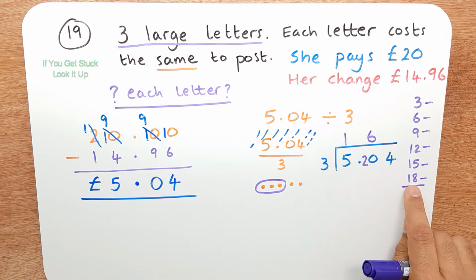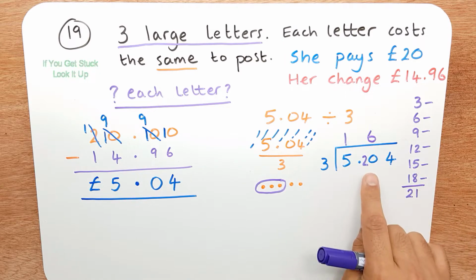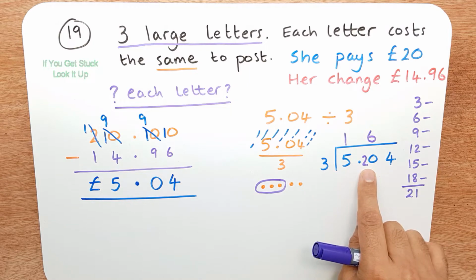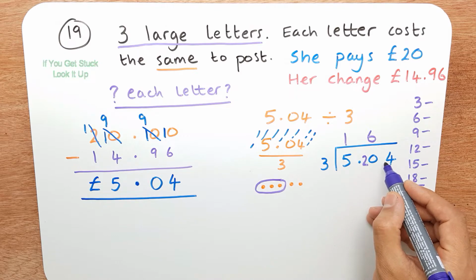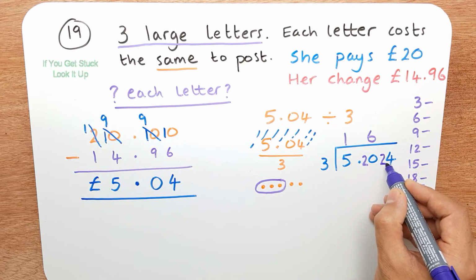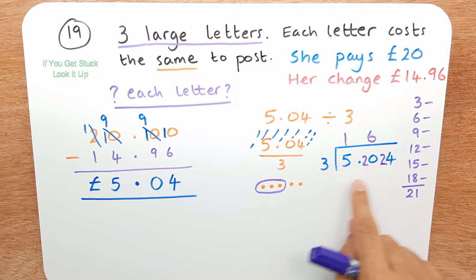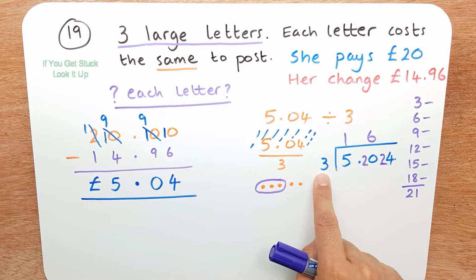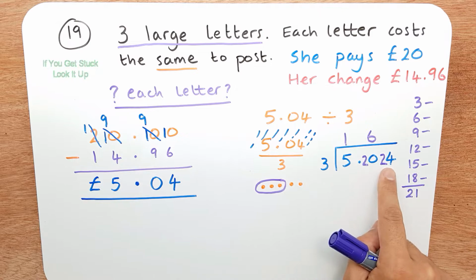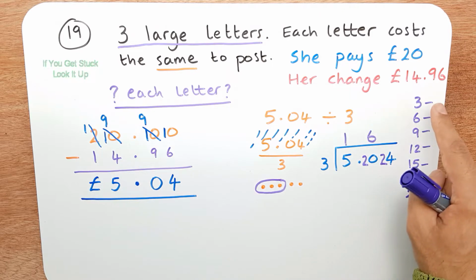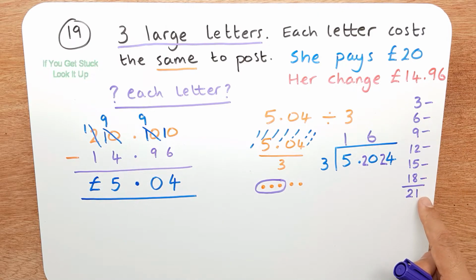Now we've only used 18, but we had 20. So we have a remainder of 2. So the 2 gets carried over here. And the 4 becomes 24. So how many 3s are there in 24? So let's continue our times table down here.